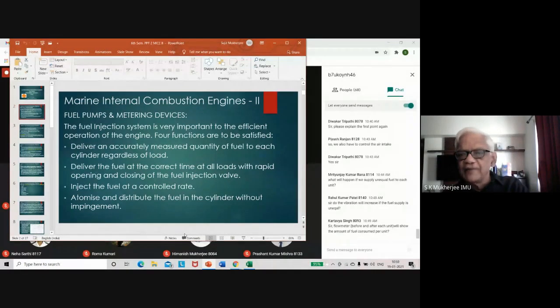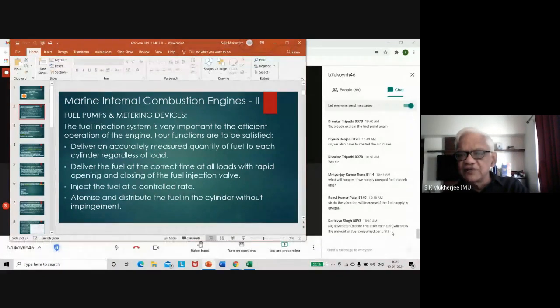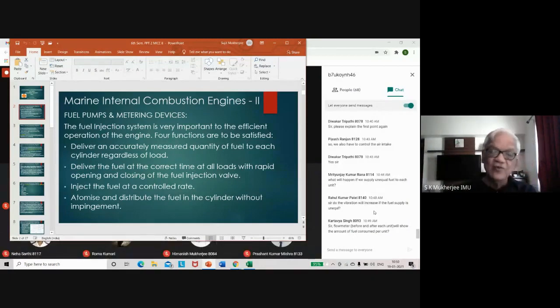Okay, sir, flow meter before and after each unit will show. You don't have a flow meter before and after each unit. You have only one flow meter for the entire pipeline which is going to the engine, and another flow meter which is returning from the engine in totality. No individual flow meter. Otherwise, you'll be spending your entire watch duty writing flow meter readings.